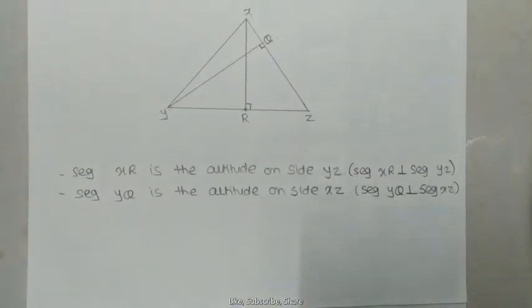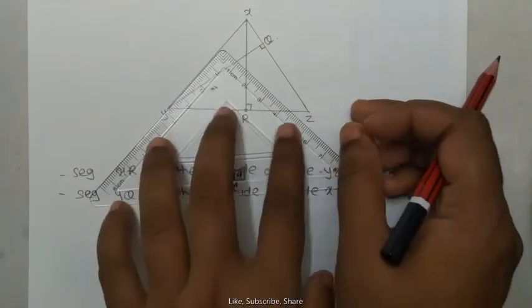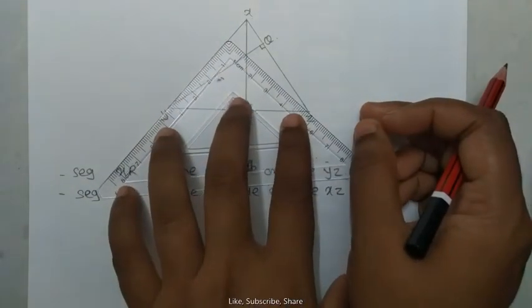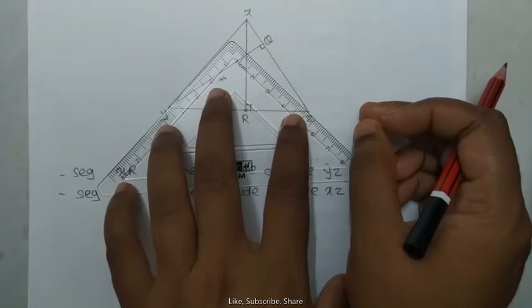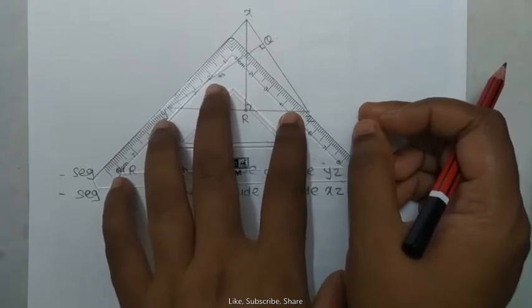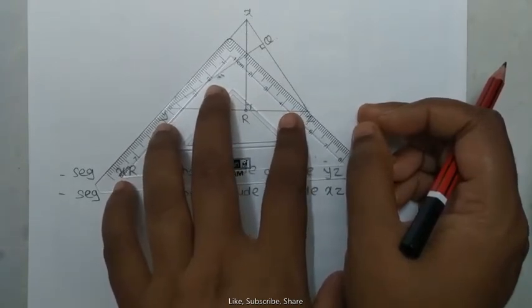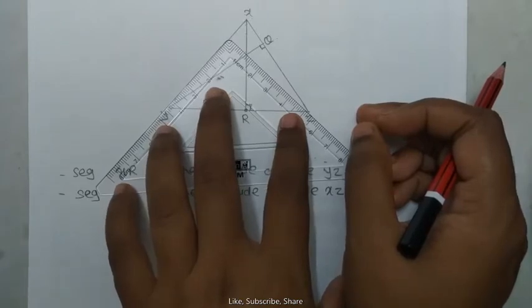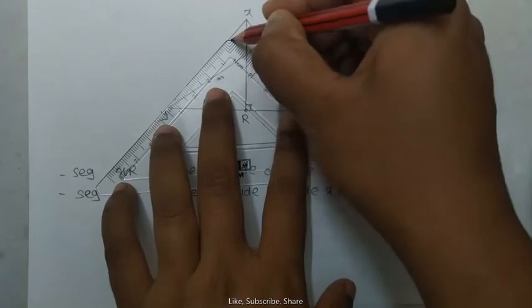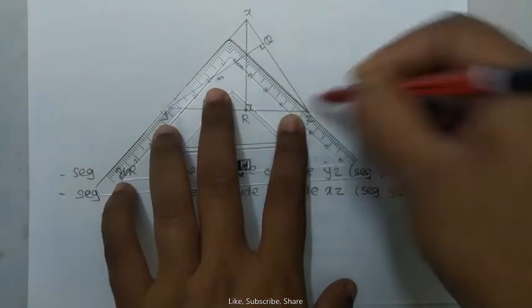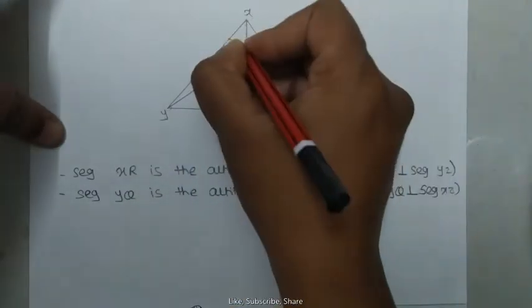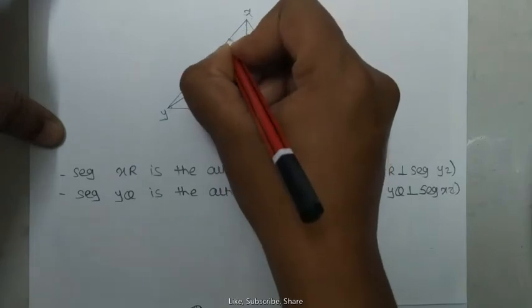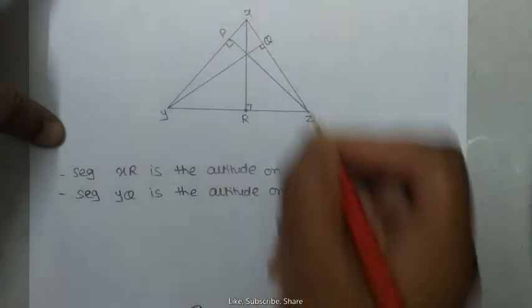So we have to draw a perpendicular line from Z. Put the set square in the proper manner, like this. So therefore we get a 90 degree angle and this point is named P.